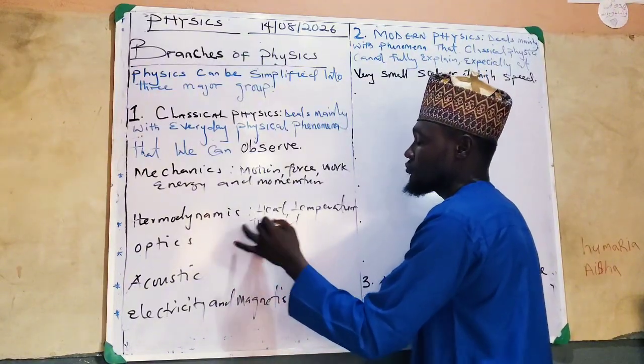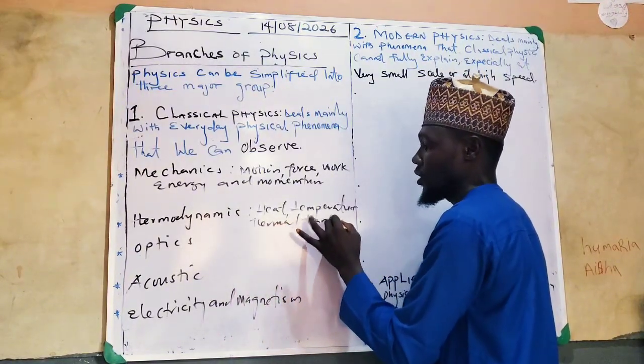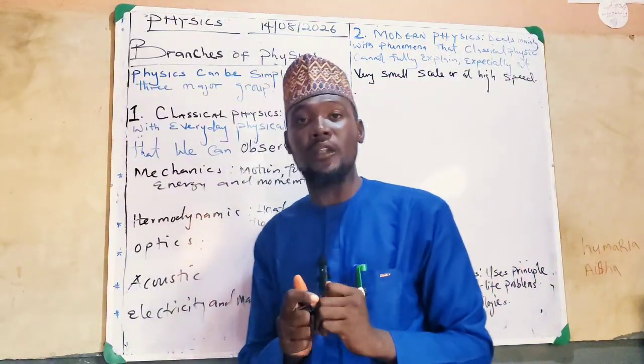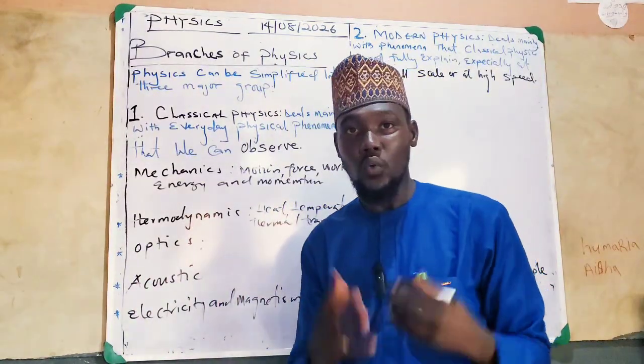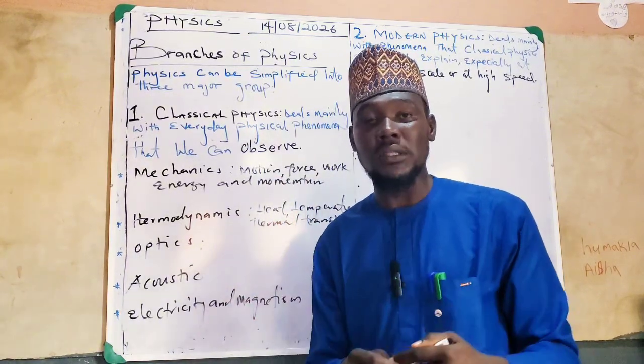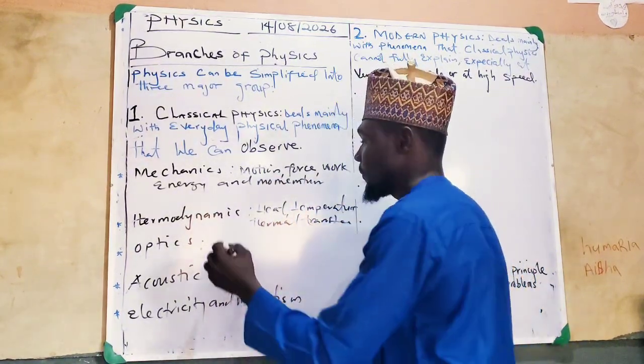Then we have another branch of physics under classical physics, which is optics, which studies light, lenses, mirrors, reflection and refraction.